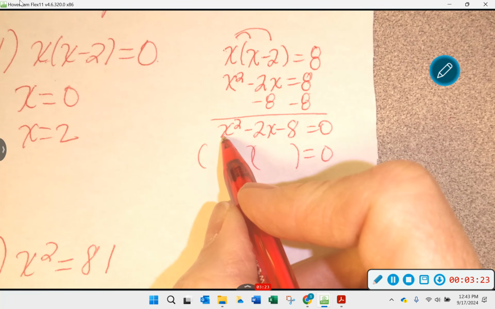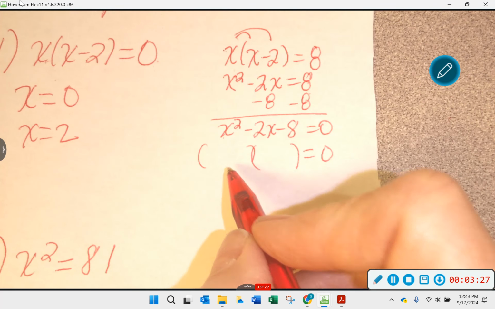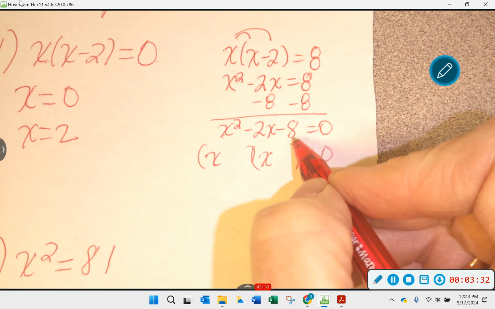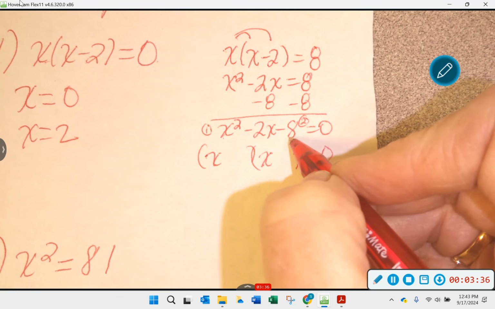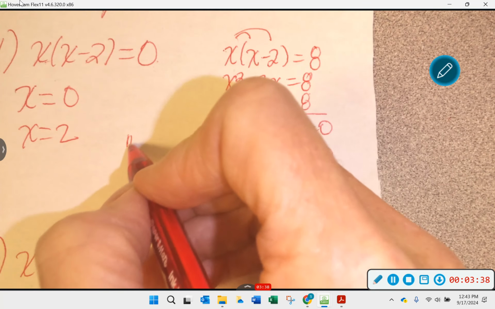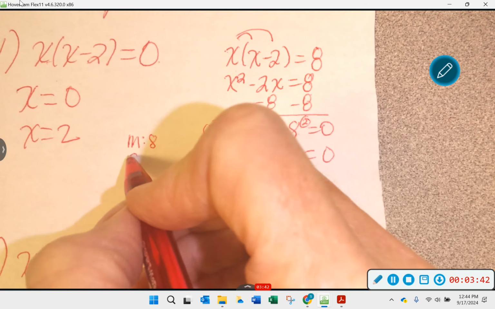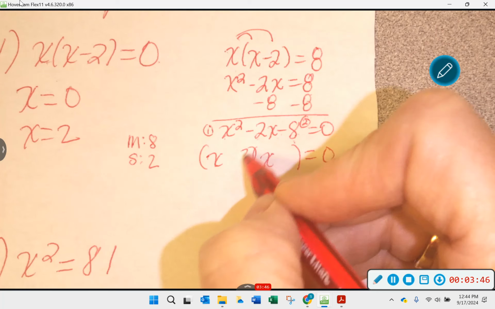And we look here first. What are the factors of x squared? X and x. To figure out what factors to use on the 8, we go here first, we go here second. We want to think, what are numbers that multiply to be 8, but subtract to be 2? 2 and 4, right?